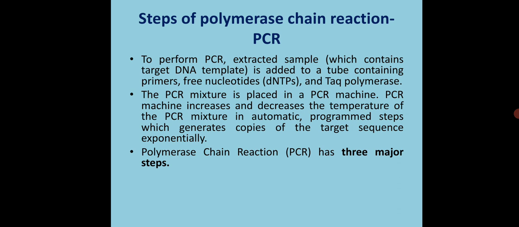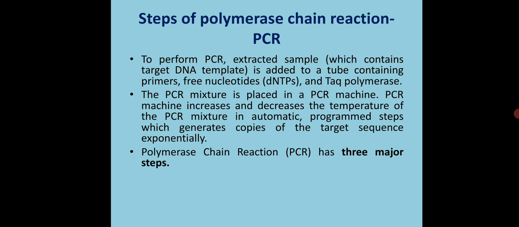So next topic is the steps involved in PCR. To perform PCR, an extracted sample which contains the target DNA template is added to a tube containing primers, free nucleotides, and Taq polymerase.